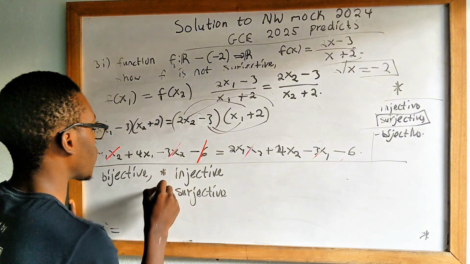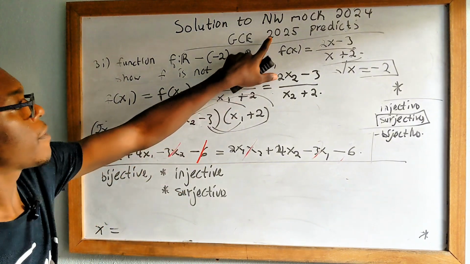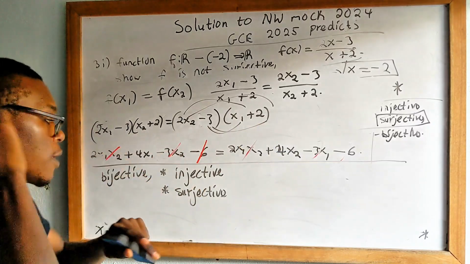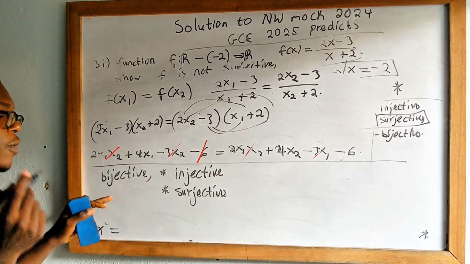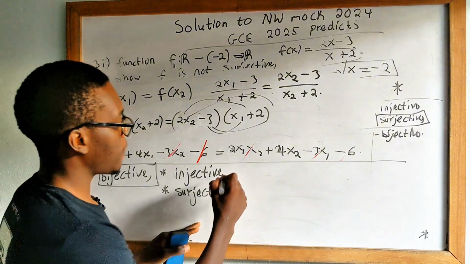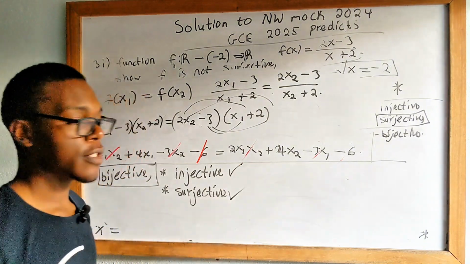Hence, if they ask you in GCE 2025 to prove that a function f of x, might be any type of function, is bijective, what you are going to do is to put at the bottom of your mind that you have to prove that the function is first of all injective and surjective.